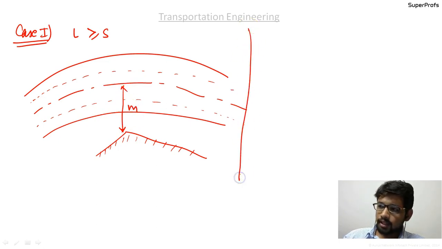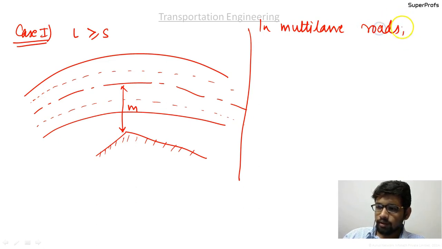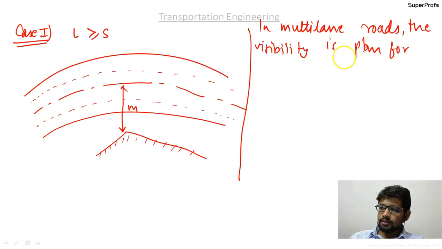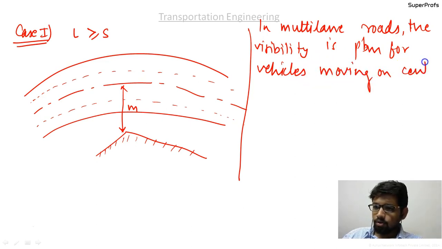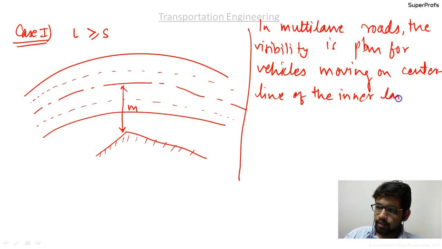In this case, please write down that in multi-lane roads, the visibility is a problem for vehicles that are moving on the center line of the inner lane.